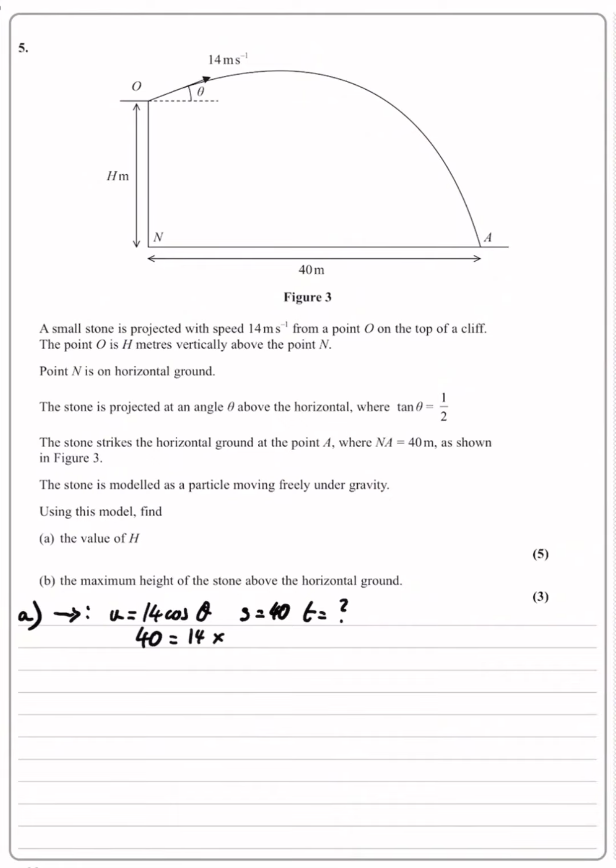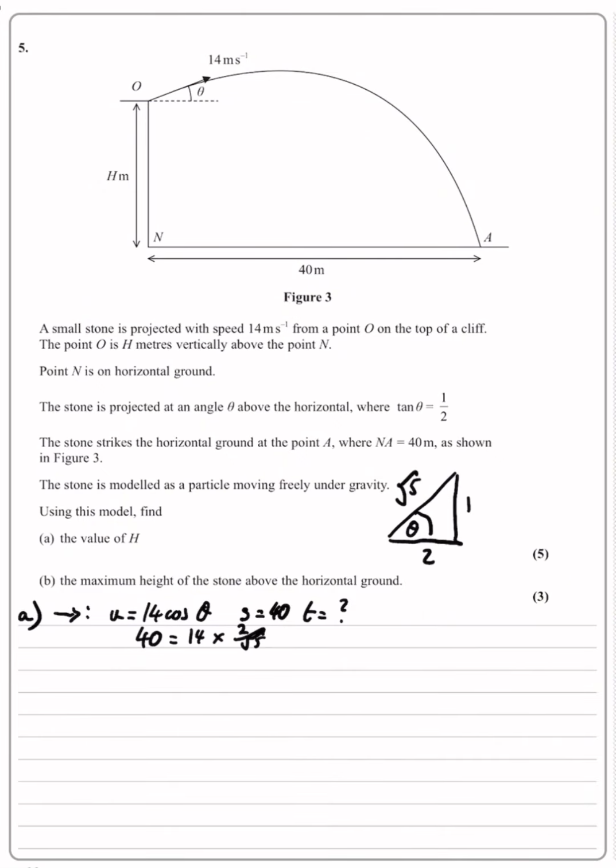Then to find cos theta, I'm going to draw myself a little right-angled triangle. It tells us in the question that tan theta is a half. So if I draw my right-angled triangle there, there's my theta, opposite over adjacent, 1 over 2. 1 squared plus 2 squared is 5, so root 5 is the hypotenuse.